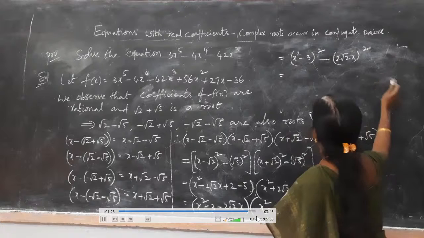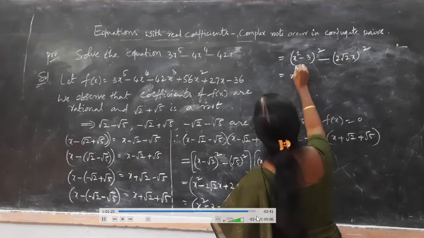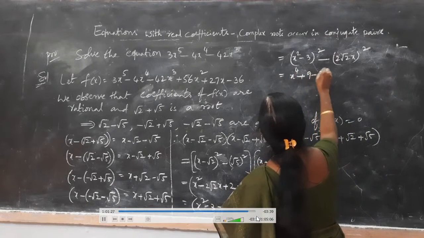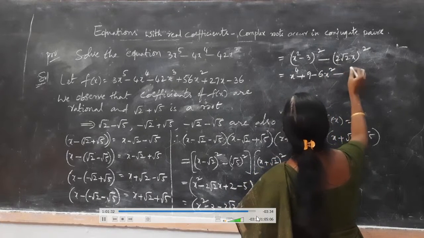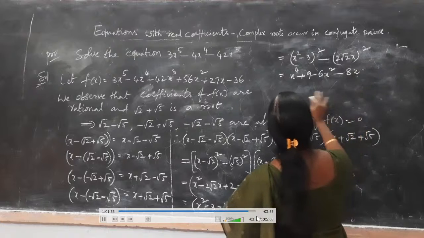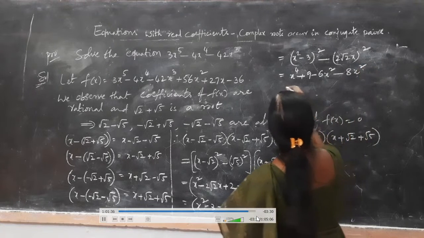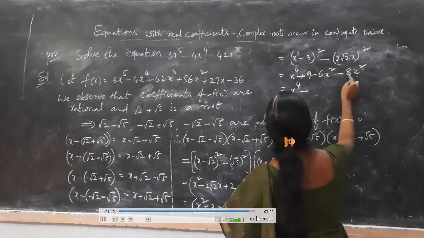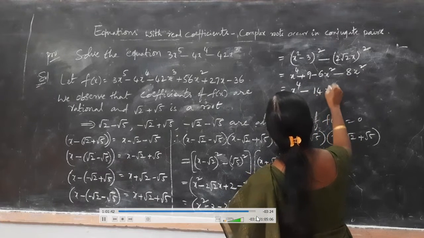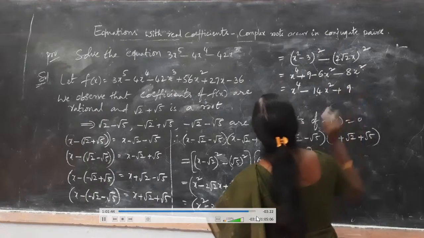This is equal to x power 4 plus 9 minus 6x square minus 8x square, which is x power 4 minus 14x square plus 9. Okay.